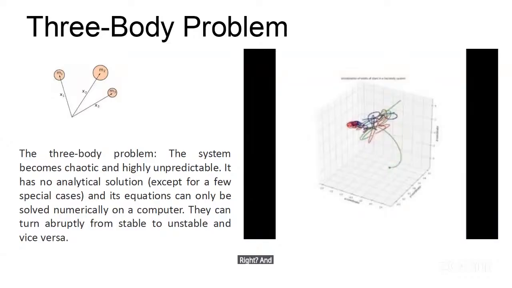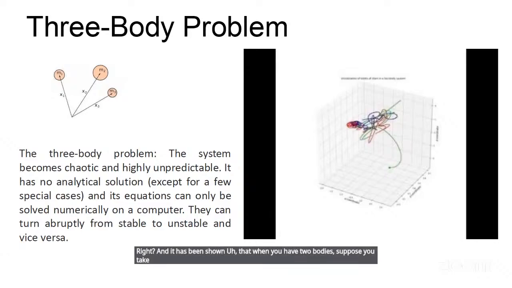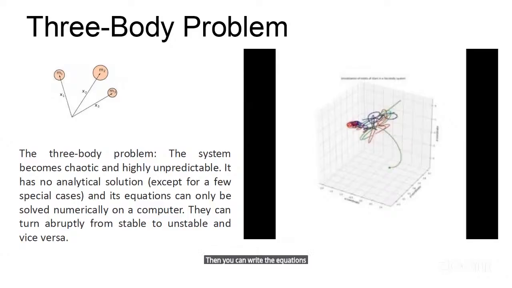It has been shown that when you have two bodies, suppose you take just the Sun and one planet, or M1 and M2, just two objects, then you can write the equations of motion and solve them. But the moment you have three bodies, you cannot find a general closed form solution.